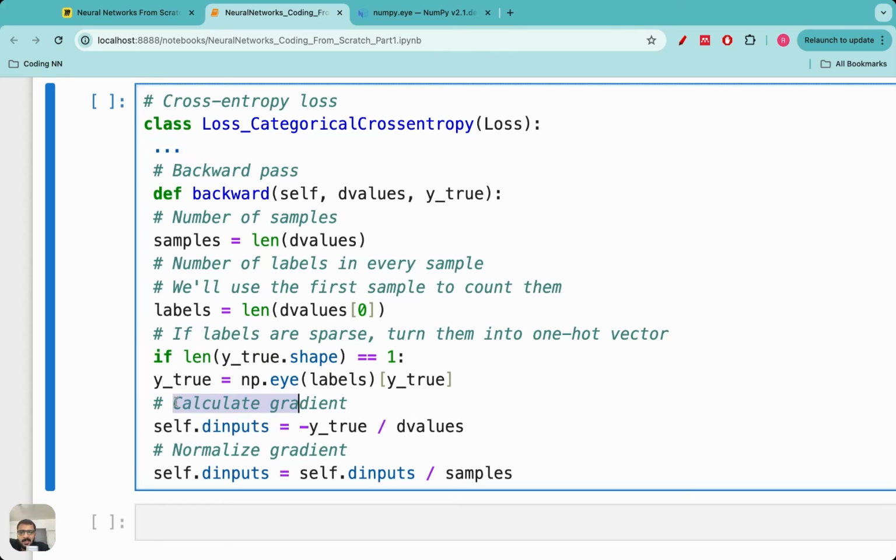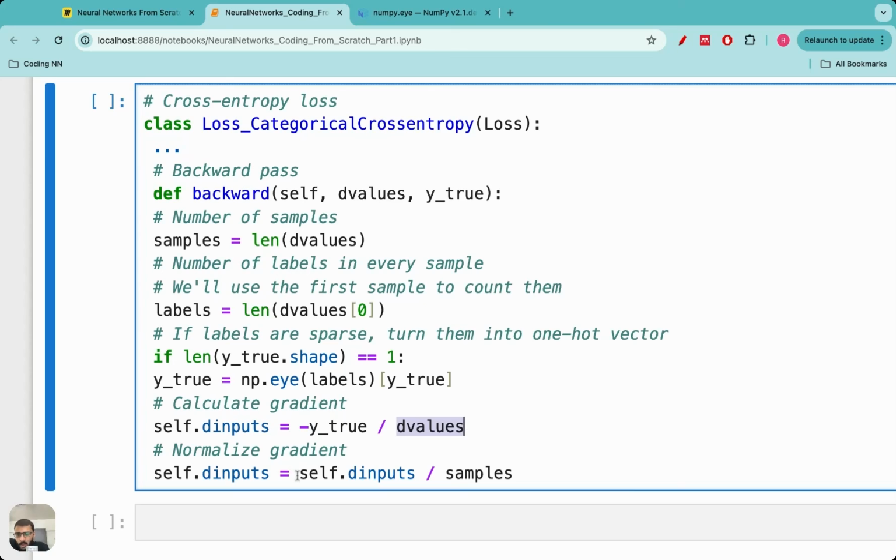And then we just calculate the gradient, which is just the negative of y true divided by d values. So this will be a broadcasting operation where each element of y true will be divided by the corresponding element of d values, and the size of this resulting matrix will be the exact same as the size of y true and d values. As I told before, we won't be stopping here.